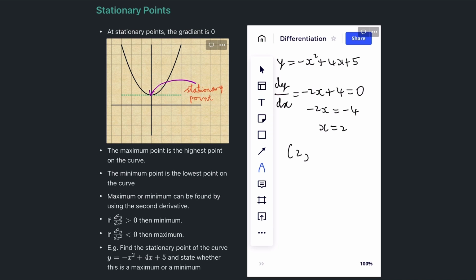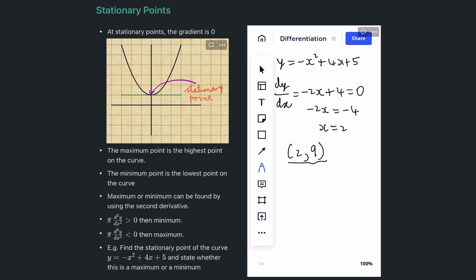If you substitute x equals 2, you should get minus 4 plus 4 times 2, that's 8, plus 5, that should give you 9. So your y coordinate should be 9, and that's your stationary point. It's as easy as that.